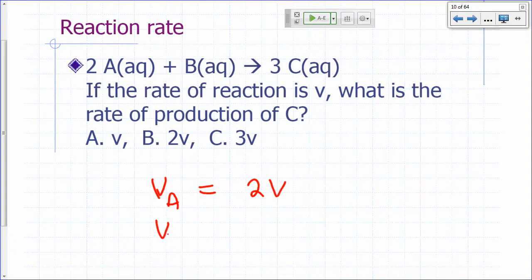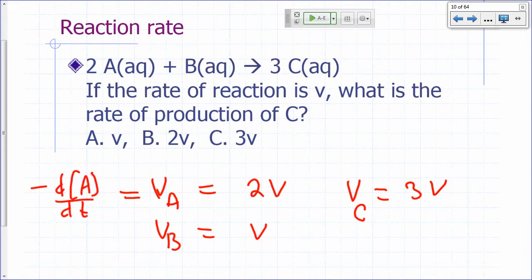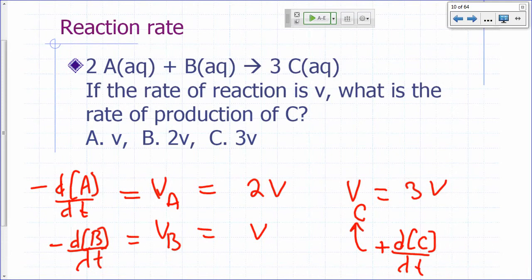The rate of consumption of B is just V. The rate of production of C is 3V. So the rate of consumption of A is negative dA/dt, the rate of consumption of B is negative dB/dt, and the rate of production of C is just positive dC/dt. When we're dealing with products, the rate of production would be a positive derivative. This would be negative for rate of consumption.